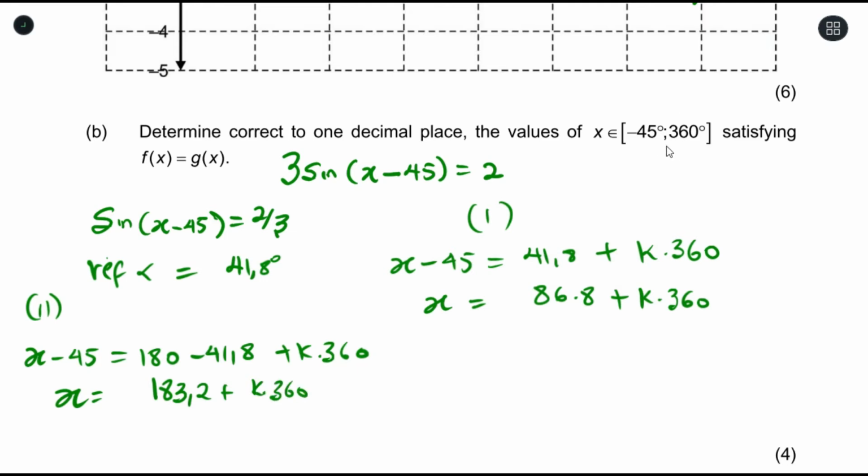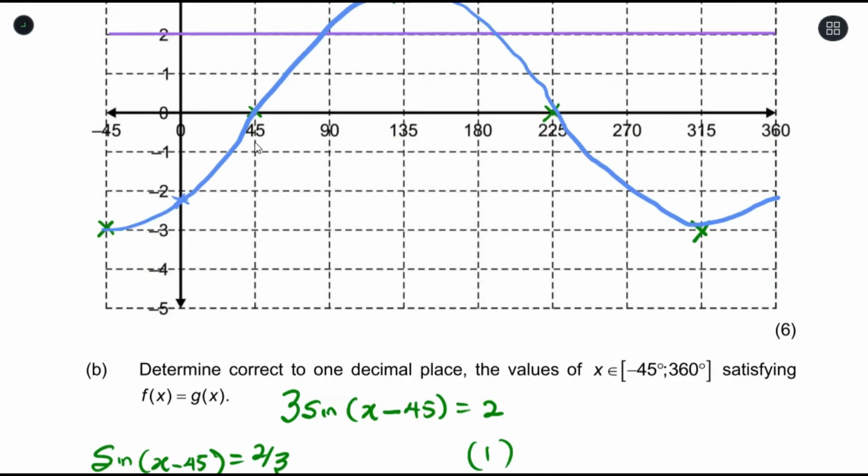Now, since we want our answers between -45 and 360, we can just substitute 0 for our k. So our answers will be x is equal to 86,8 and x is equal to 183,2. So it needs to make sense in our graph. We are looking for where f(x) and g(x) intersect.